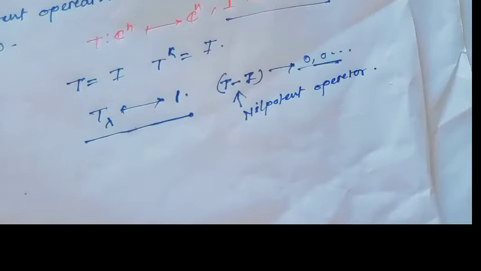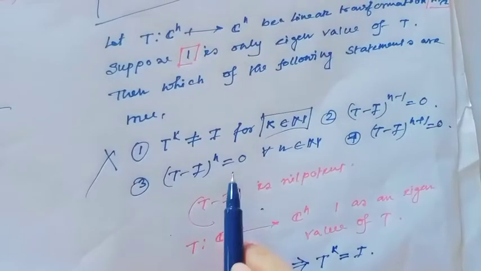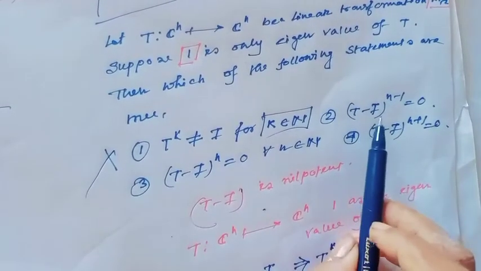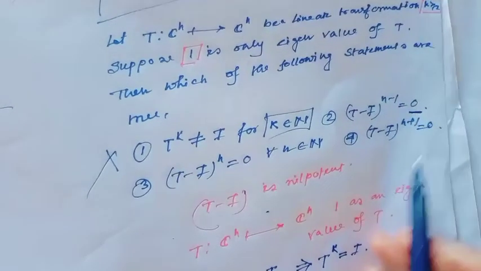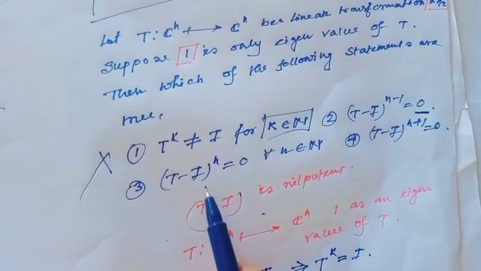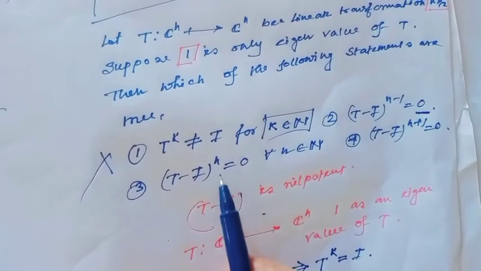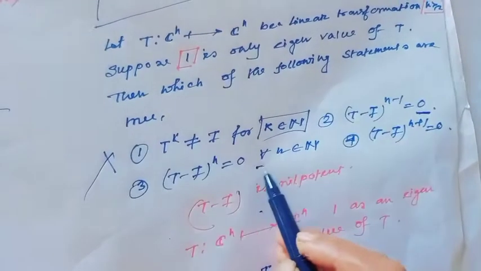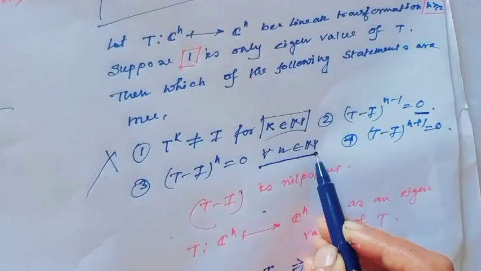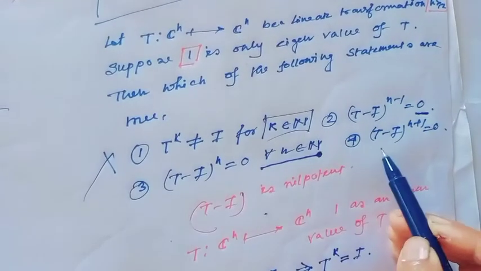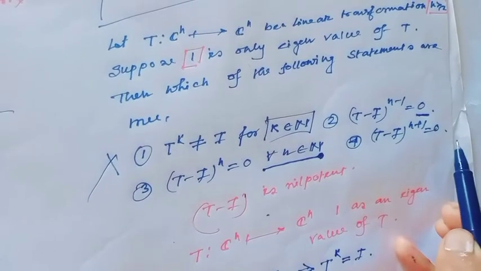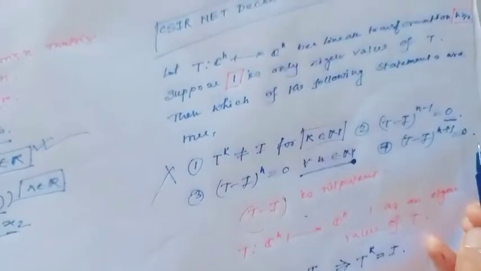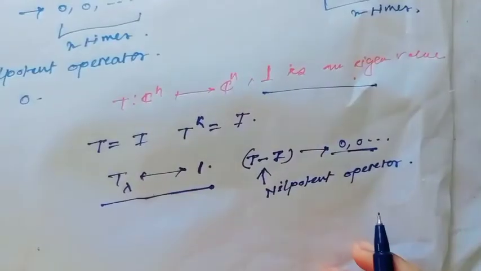Now let's see the options. See this option: (T minus identity) to the power n minus 1 equal to the 0 operator. Here (T minus identity) to the power n equal to the 0 operator, and this is true for all n belonging to natural numbers. And here (T minus identity) to the power n plus 1 equal to the 0 operator. Okay? This is the nilpotent operator.